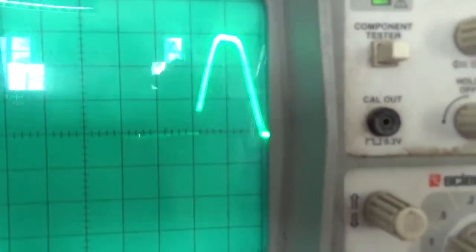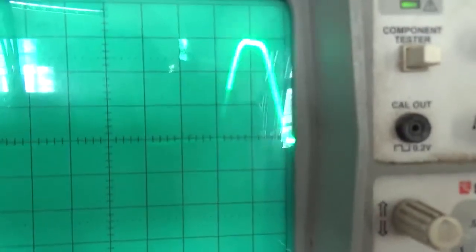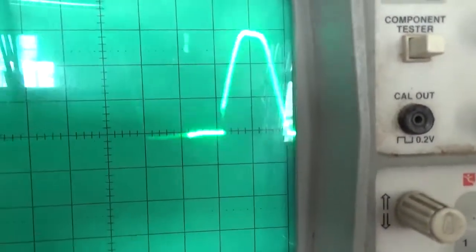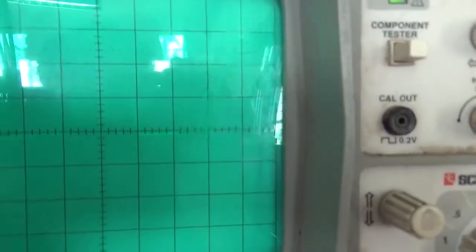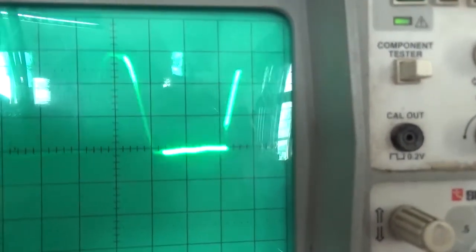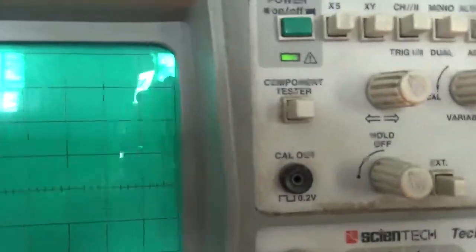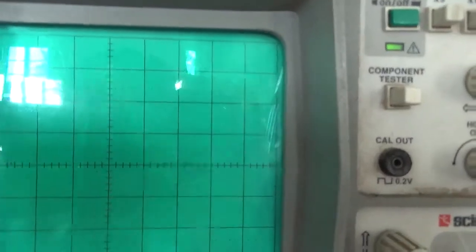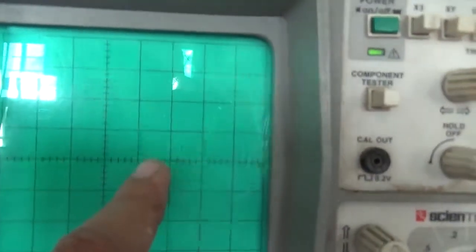If you observe here, we all know that a complete cycle covers 360 degrees, the positive half cycle covers 180 degrees, and the negative half cycle covers 180 degrees. This is the positive half cycle, which is the rectified output. The negative half cycle is not rectified, so the output voltage is 0.